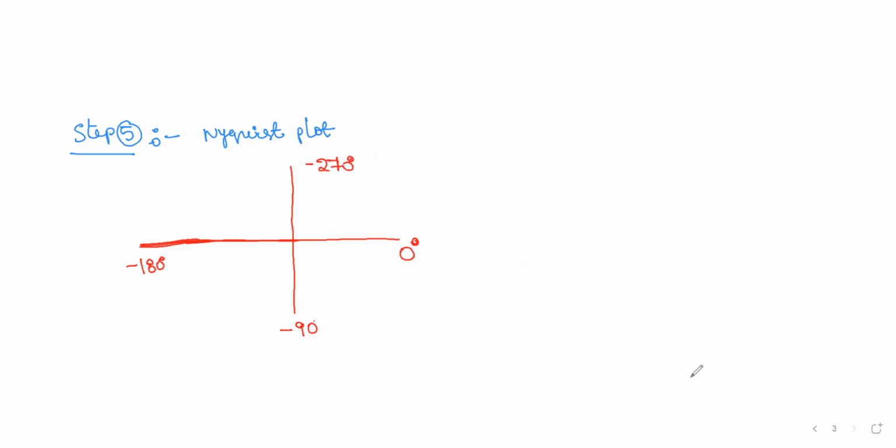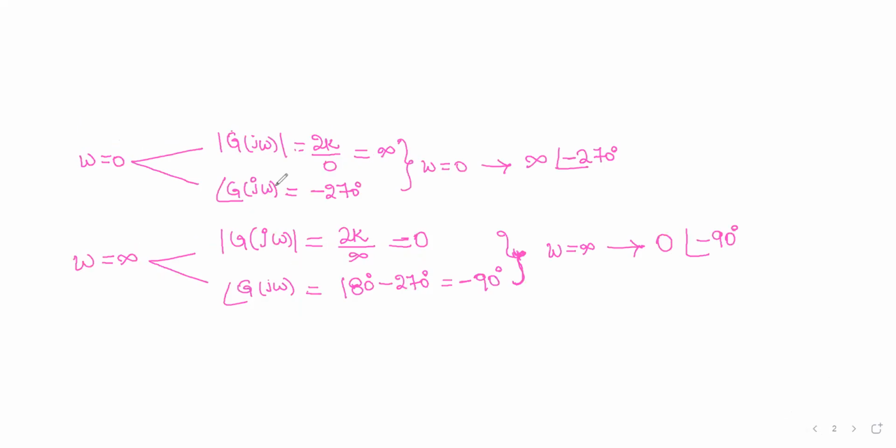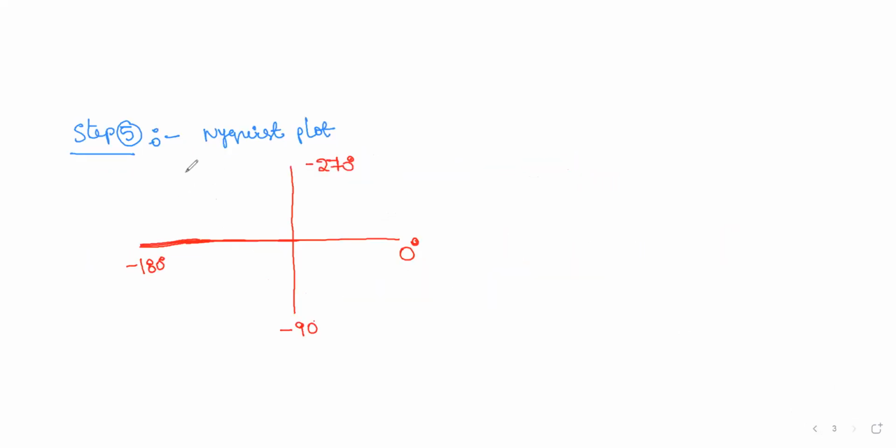Now in the previous step we calculated the magnitude and phase values at omega equal to 0 and omega equal to infinite. What did we get? Infinite at an angle of minus 270 degrees. So minus 270 degrees appears at the upside.